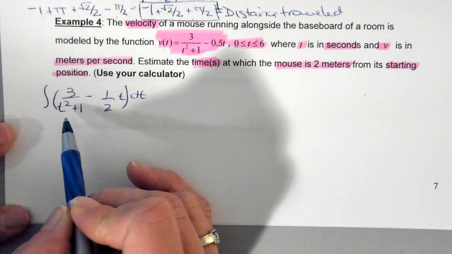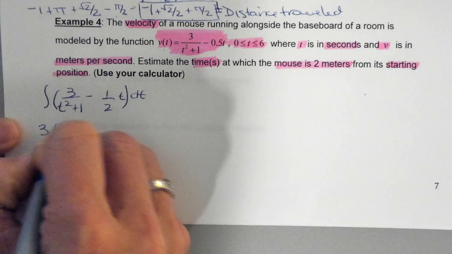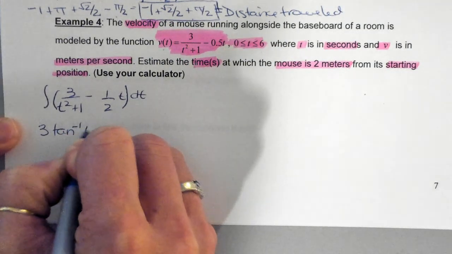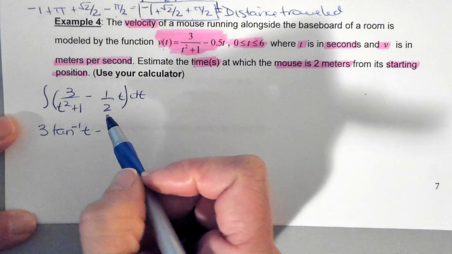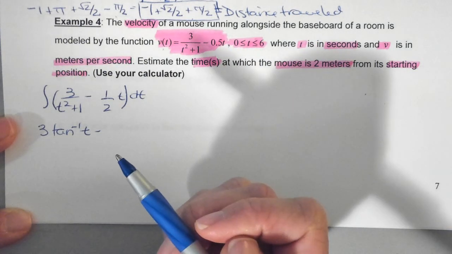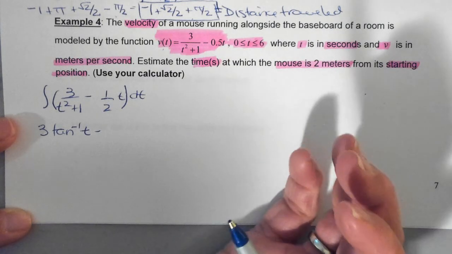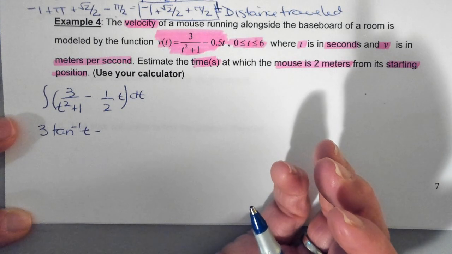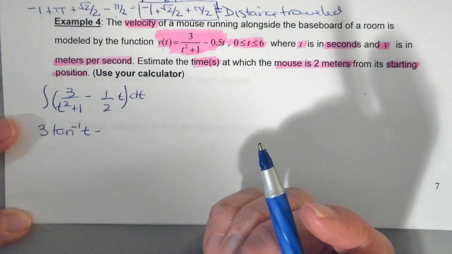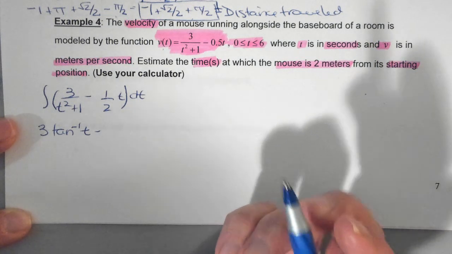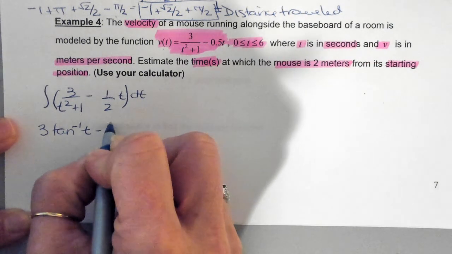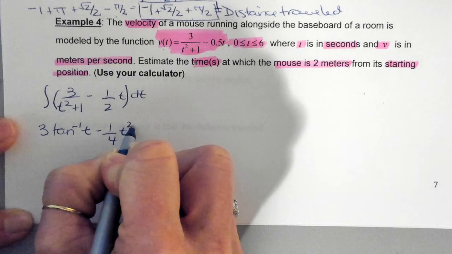Inverse tangent. Okay, so we're saying 3 inverse tangent of t minus, can you integrate 1/2 t? Well, what's the integral of t? 1/2 t squared, so 1/2 times 1/2, this would be minus 1/4 t squared.